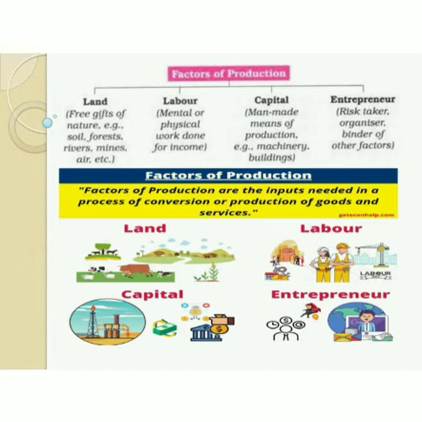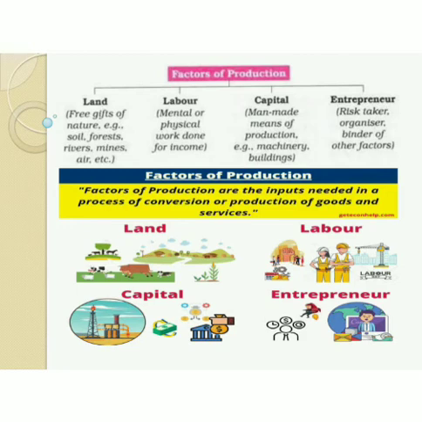So every production process also requires man-made items like factory buildings, machinery, tools, implements, calculators, computers. All of these are man-made and are required in the production process. These things are known as capital.